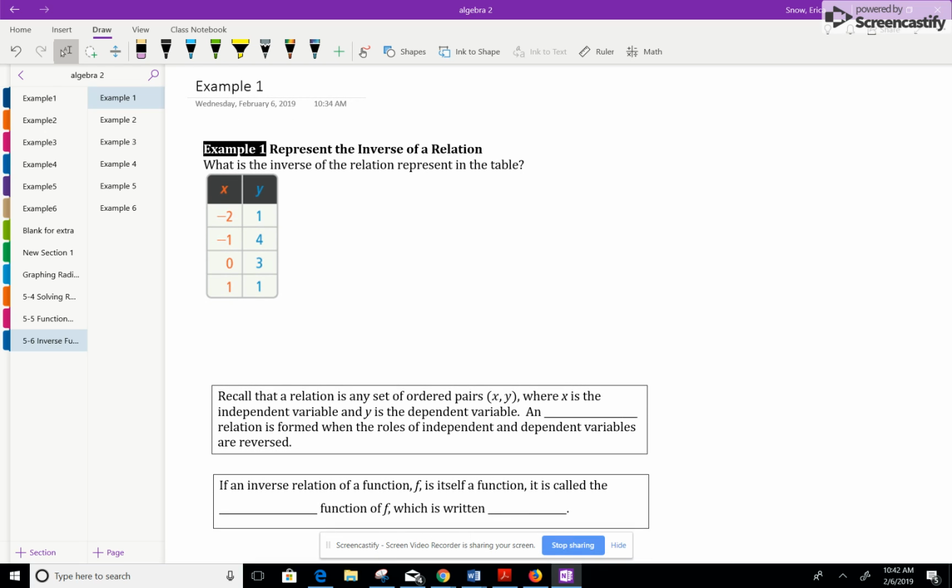All right, class, today we are going to talk about inverse relations and inverse functions. A relation is just an XY relationship like what is shown in this chart here. When you're talking about an inverse relationship, instead of inputting this column and getting out this column, you're going to switch them.